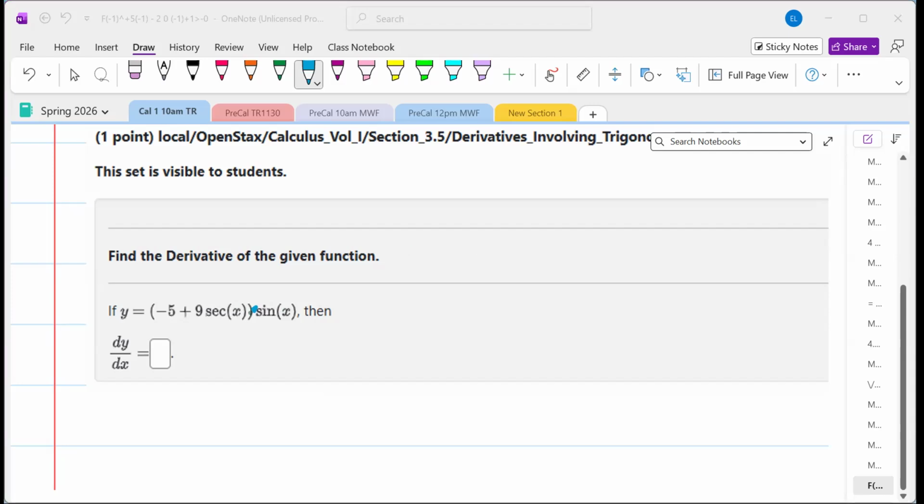So I'm doing my derivative of this. Now I could multiply the sine x through, but then I'm still going to have a product rule. So when that's the case, I usually just do the product rule from the start.